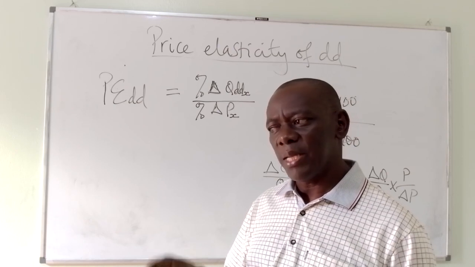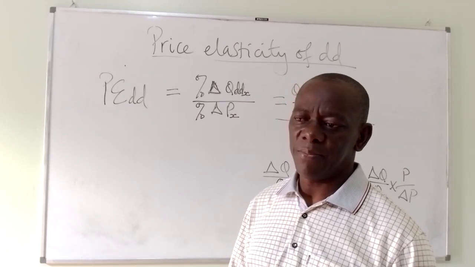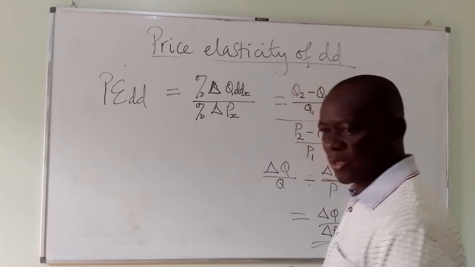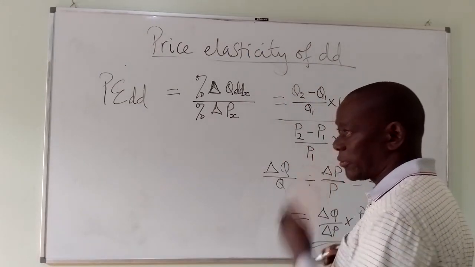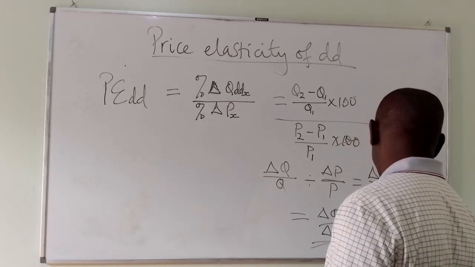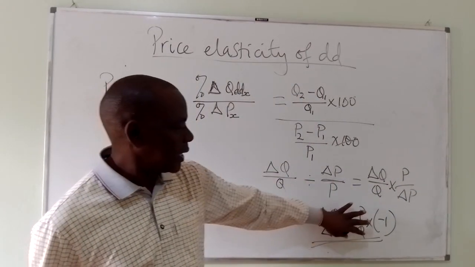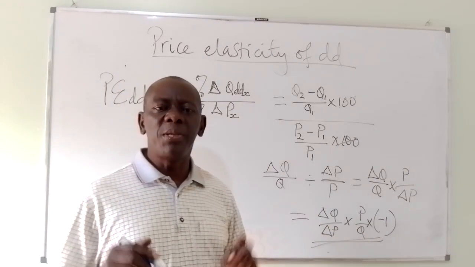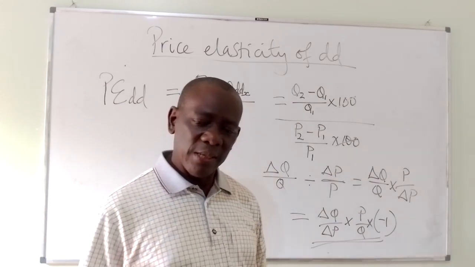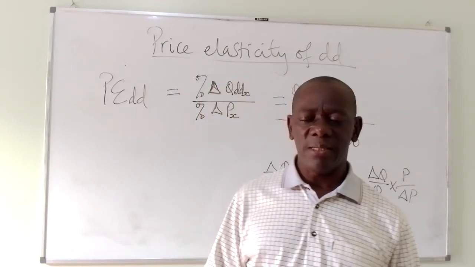That means our figure must be positive. So the formula now requires us that after our calculation, we have to multiply whatever we get by -1. So on your formula, you have to indicate that after getting whatever you get here, definitely it will be negative. Why is it going to be negative? It's going to be negative because the demand curve is downward sloping. And elasticity cannot be negative.